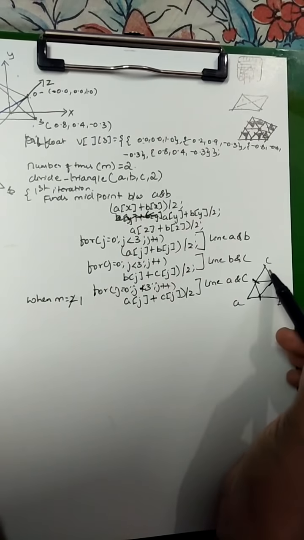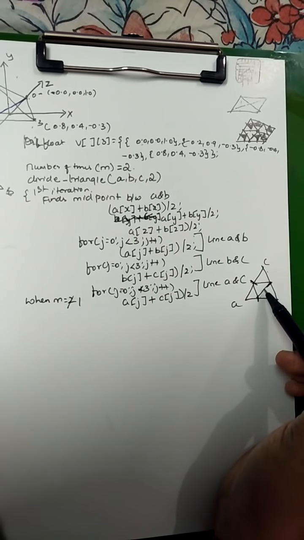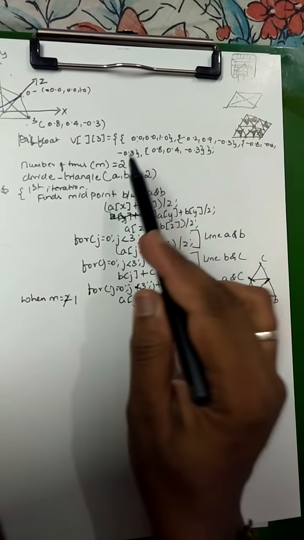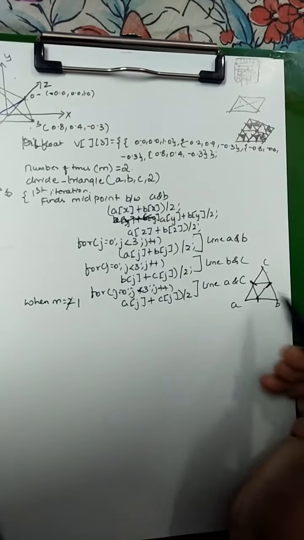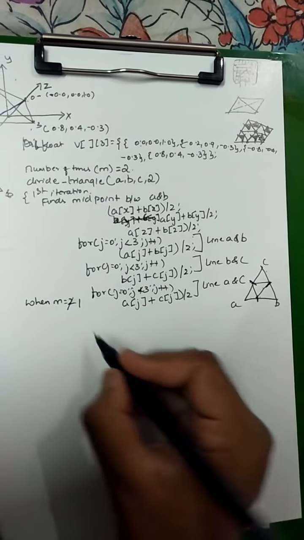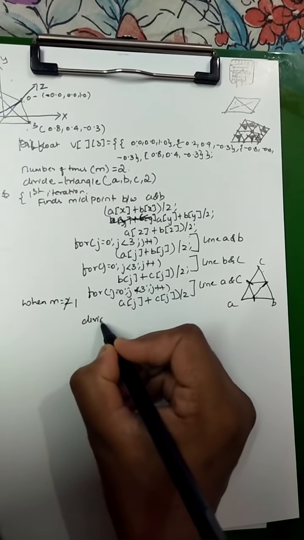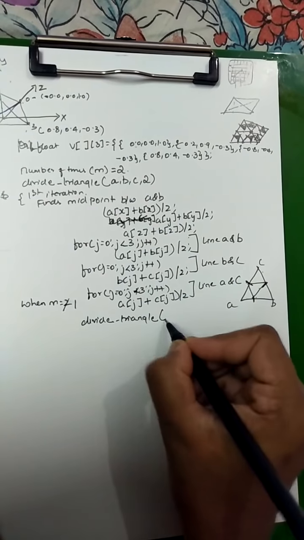I have divided one face only once. First time. I have to divide a second time since I have given the number of times that I have to divide as 2. So in that case I have to call divide triangle once again. Like divide triangle. What should I pass?